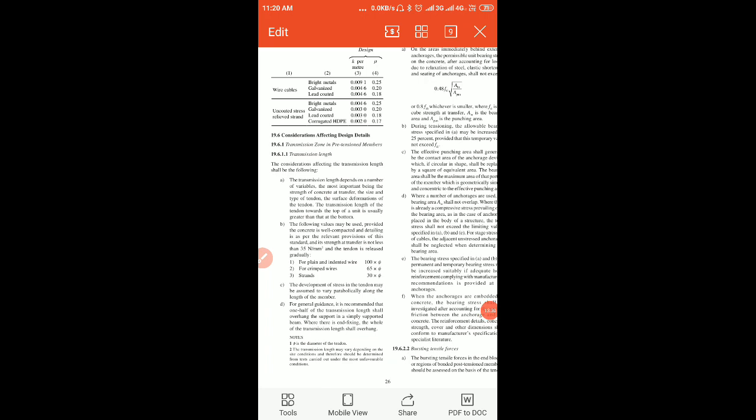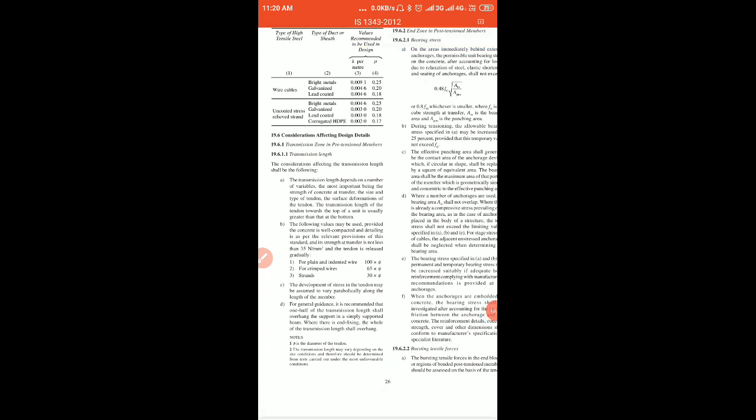The stress in the tendon is zero at the ends of the member. It increases over the transmission length to the effective pre-stress FPE under service loads and remains constant beyond it. So transmission length is the length over which the pre-stress is transferred.